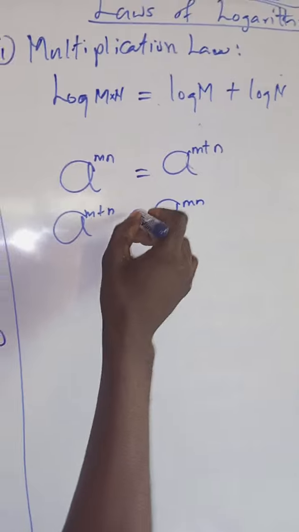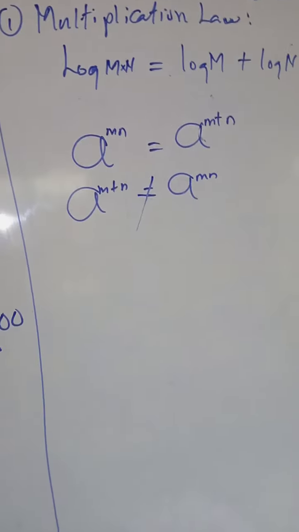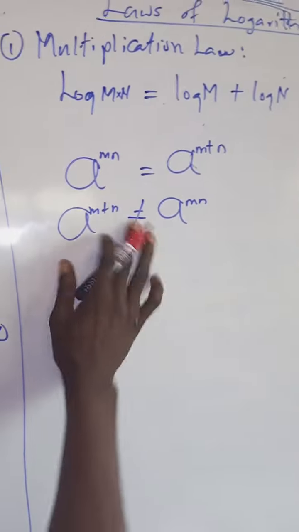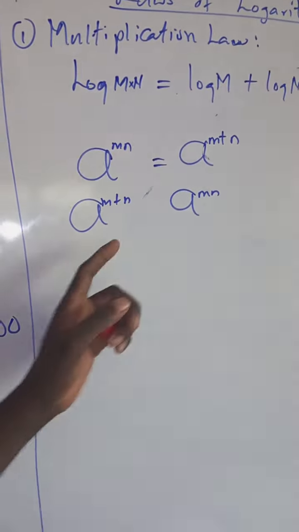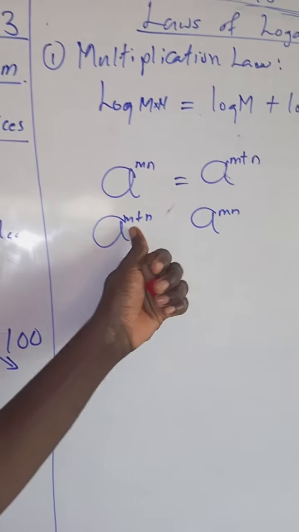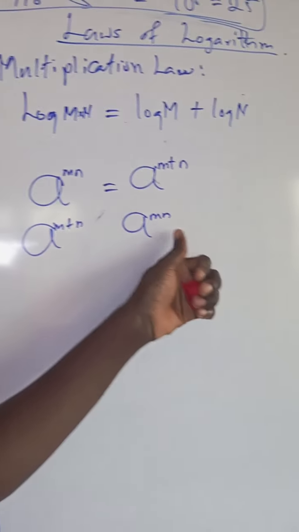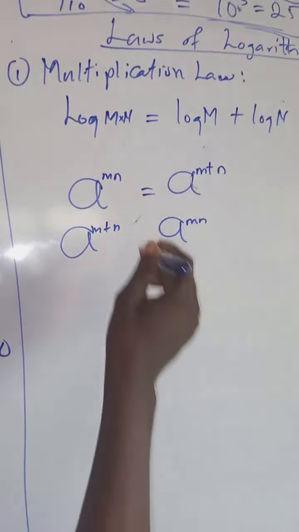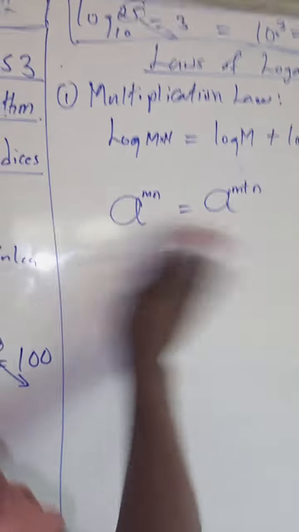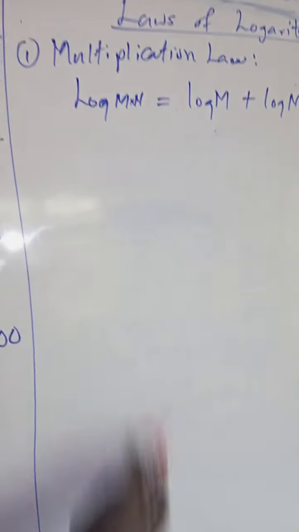In indices, of course, it's not equal. Majority of the time, you can't reverse it, because if I multiply them, it will not give me the same. But we are not actually going for indices.